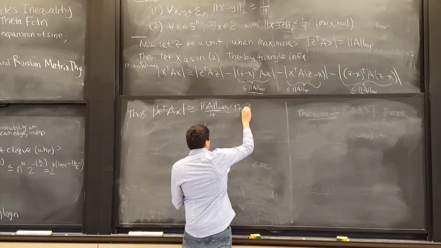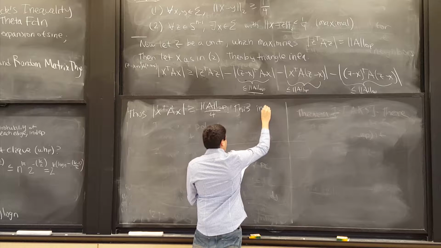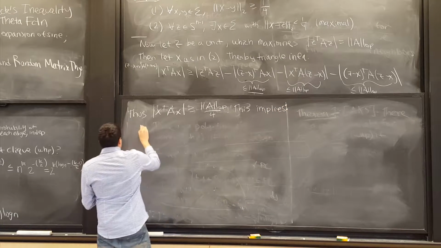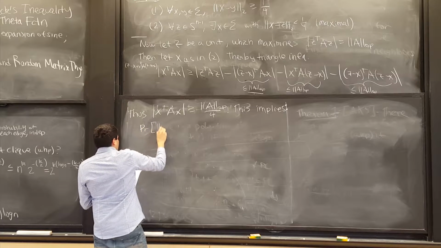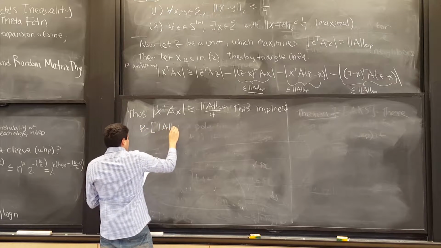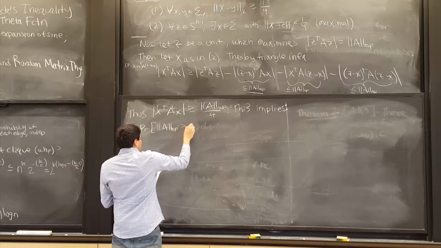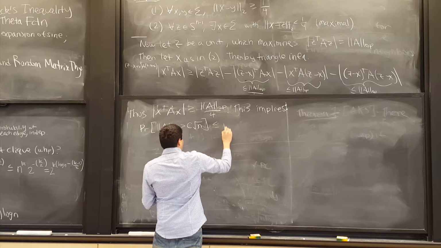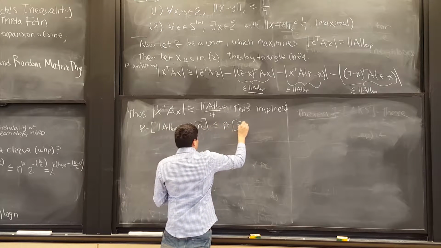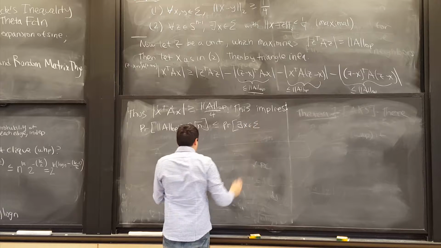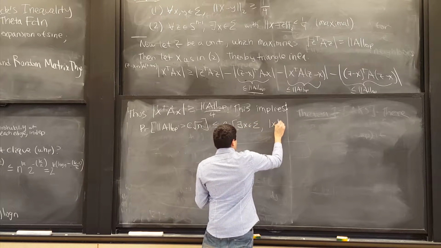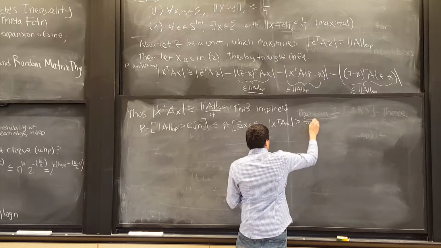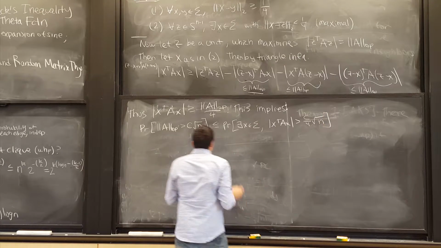So what this implies is this very useful inequality, just reformulating what we know so far. If we care about the probability that the operator norm is larger than c times root n, that itself is bounded by the probability that there is some x in the set sigma where X transpose A x is pretty big itself, c over 4 times root n.